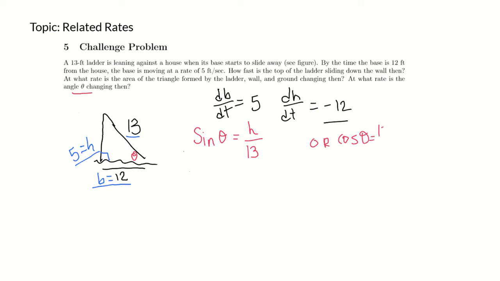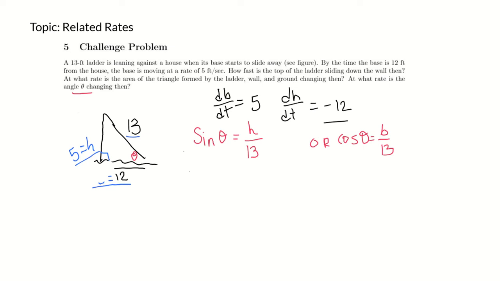The base over 13, since it's a variable, because we know that the base is also changing, so it needs to be included in our formula, even though we know what it is at the time we want.